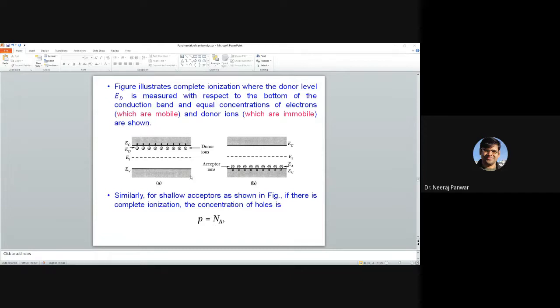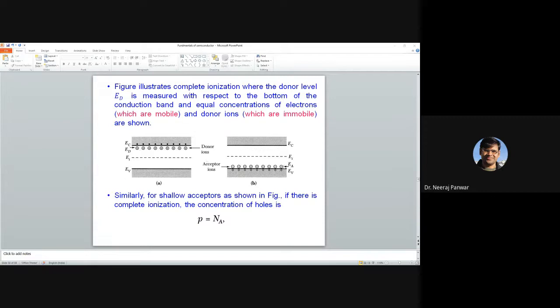In this diagram, Ed represents the donor energy levels, and you can see that each donor atom has donated one electron to the conduction band. It is the process of complete ionization, where all the donor atoms are completely ionized.